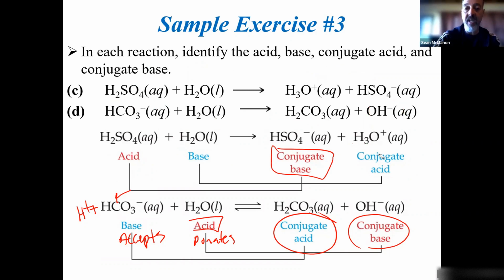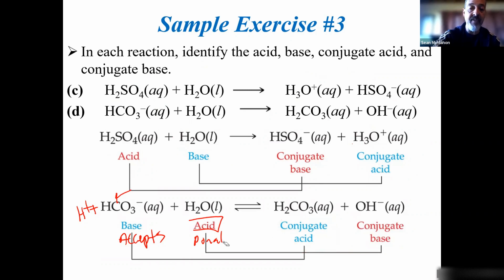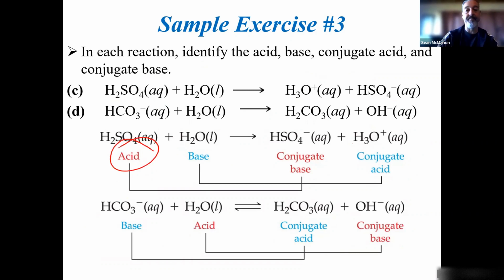If we notice in part C, the water is behaving like a base. Why? It's in the presence of what? An acid. In D, water is behaving as an acid. Why? It's in the presence of the base. So water is very unique. If it's in the presence of an acid that donates a proton, it'll accept it and behave as a base.